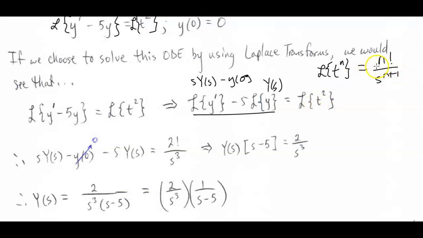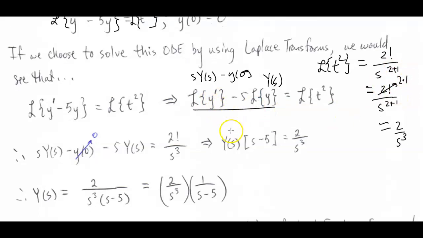If n is 2, then that ends up being 2 factorial over s raised to the 2 plus 1, so this is going to end up being 2 over s cubed, because 2 factorial is the same as 2 times 1, which is just 2. So we do all that.